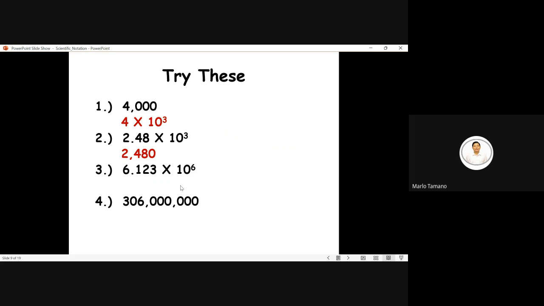We will move the decimal point 6 places to the right. What would be the final answer? 6,123,000. Exactly. So that is 6,123,000. Very good.